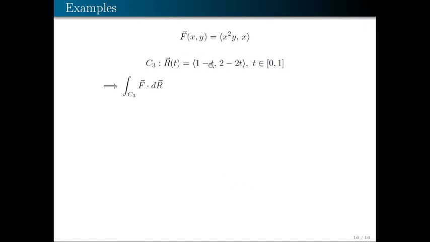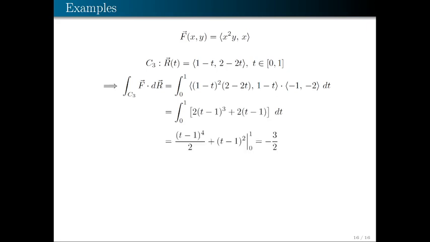So lastly, C3 is parameterized by this. So x is 1 minus t, y is 2 minus 2t. So f here, first component x squared y, can now be written out as (1 minus t) quantity squared times (2 minus 2t). And the last component will be 1 minus t. Then solving for dr, r prime is (-1, -2) dt. Then doing the dot product and simplifying, we'll get this integral.